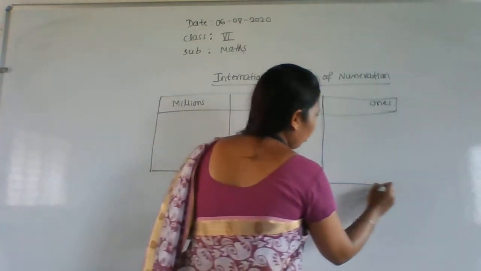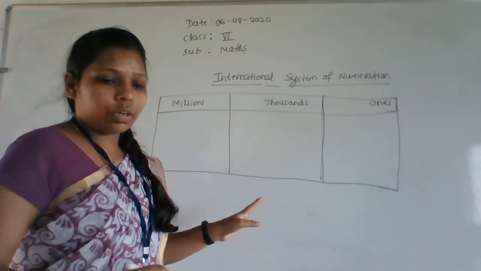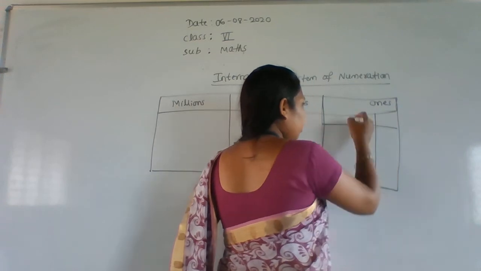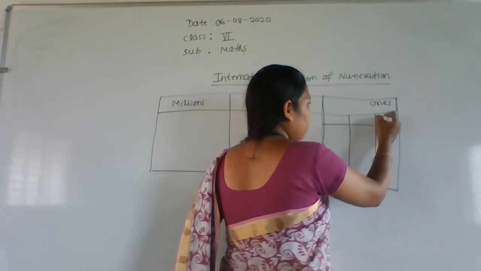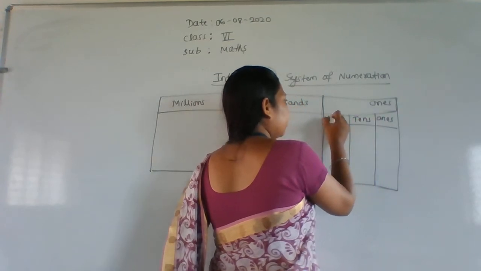I'll give you a hint, all the explanation I will give later. Just observe the box, whatever they have given here. In that again they make 3 columns, the same ones, tens and hundreds.